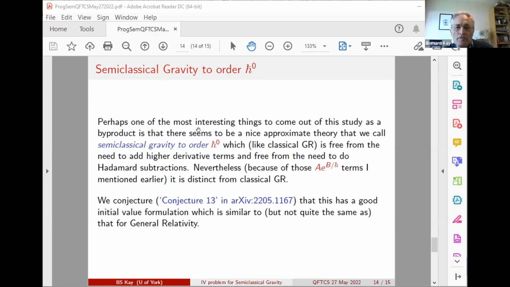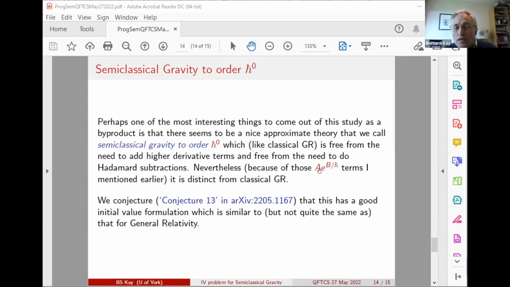So as I said, perhaps one of the most interesting things to come out of this study as a byproduct is that there seems to be a nice approximate theory that we call semiclassical gravity to order h bar to the 0. And like classical general relativity, this is free from the need to add higher derivative terms and free from the need to do Hadamard subtractions.